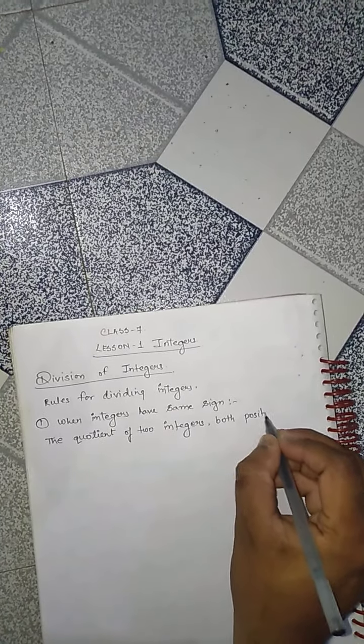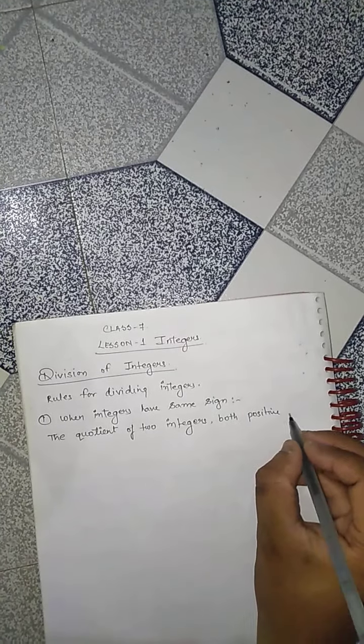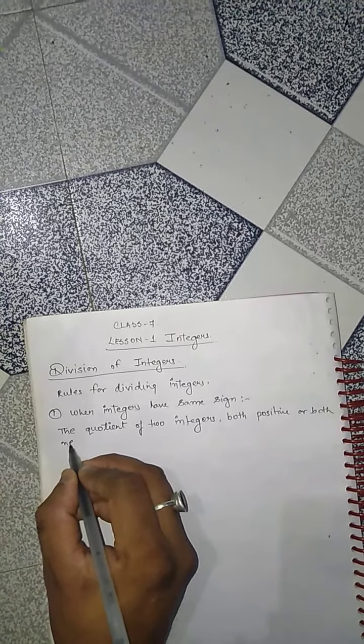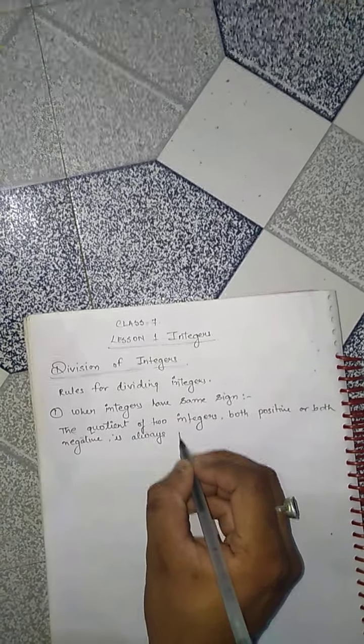The quotient of two integers, both positive or both negative, is always positive.